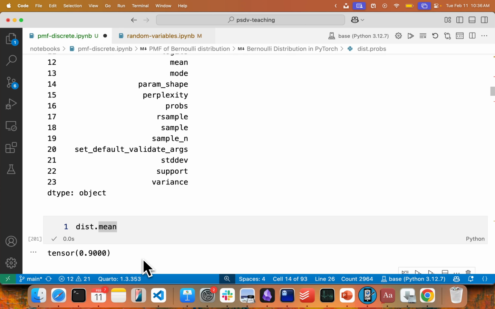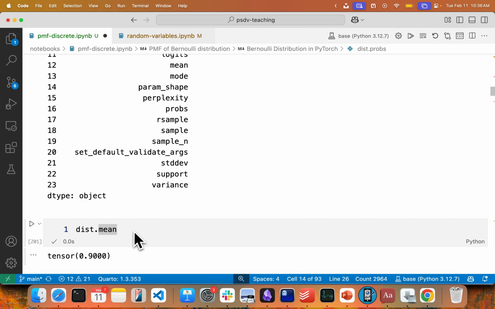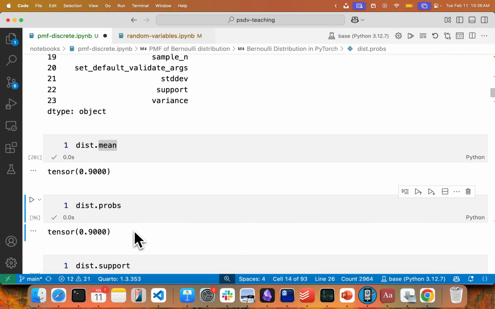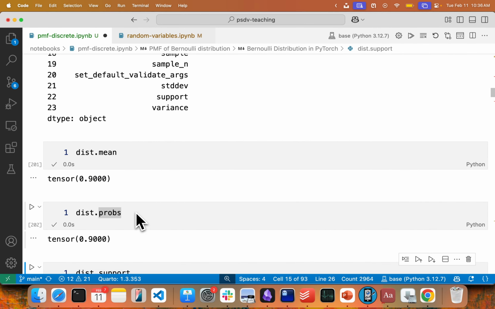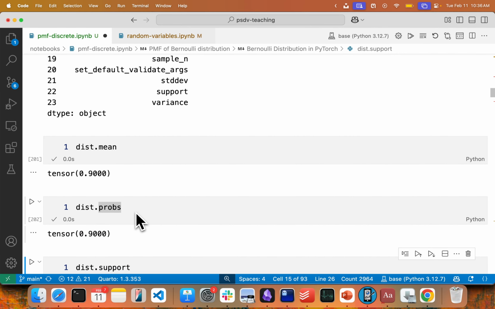If you calculate the expected value of the random variable, you'll get the same value as dist.mean. I want to show the code first, and then we'll derive these things in maths. So you can see that dist.mean, or the expected value of this random variable, is the same as p. This dist.probs is also p. Okay, does anyone here know what the support of a random variable means?